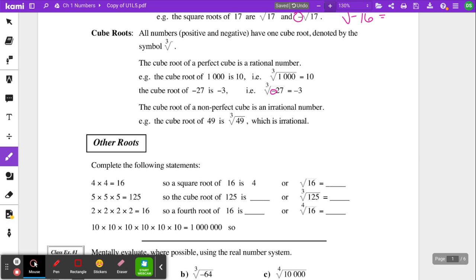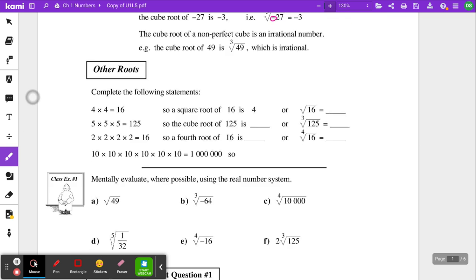Yes, because multiplying -3 three times, you have an odd number of negatives, and so you can indeed get back a negative, right? We learned that yesterday, or we remembered that. So when we're talking about cube roots, there's only one answer. When I talk about the cube root of -27, there's only one answer of -3.